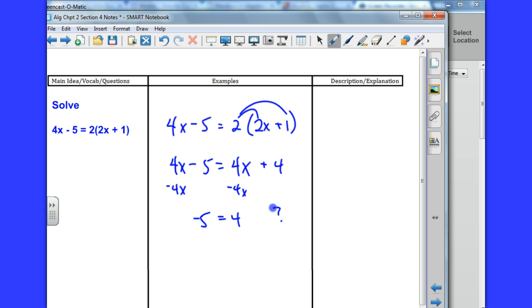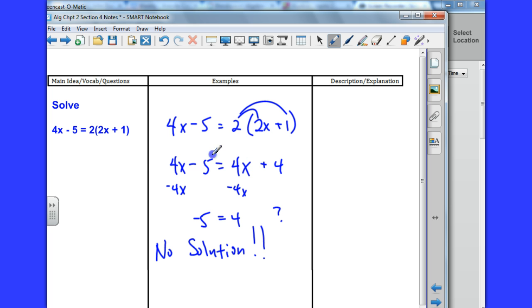Uh-oh, it happened again. The variable disappeared, but they're different. They're different. So you know what that means? There is no solution to this. Because think about this. If I took any number and put it in here for x, like 2, you'd have 8 minus 5.